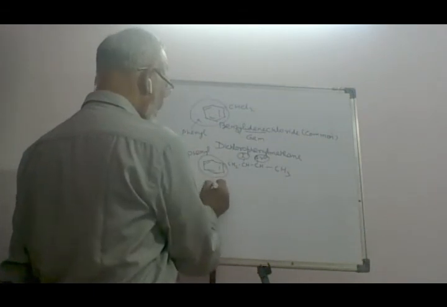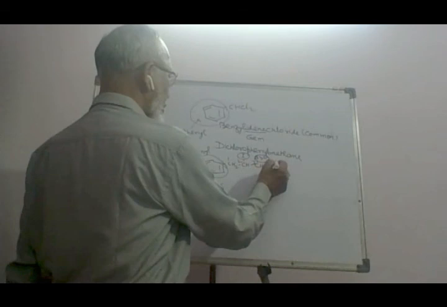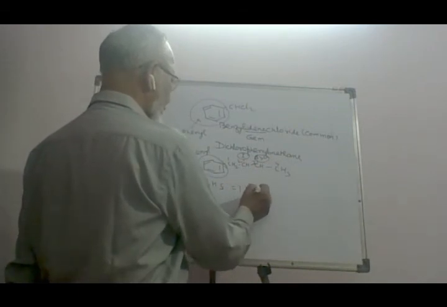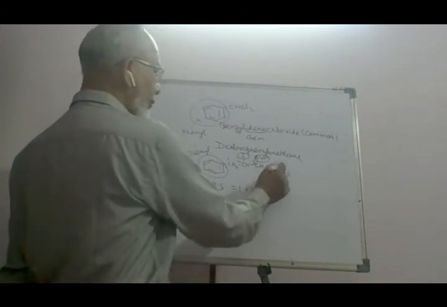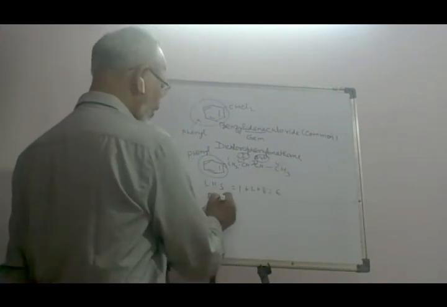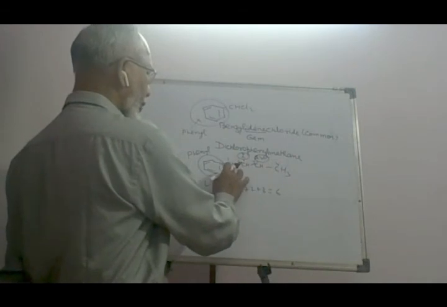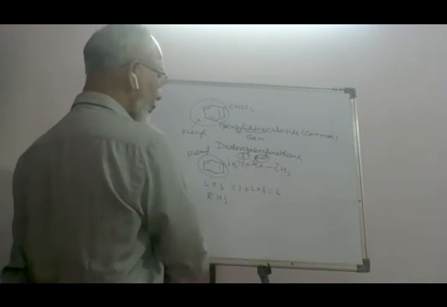If you do the numbering from the left hand side, 1, 2, 3, 4, the total sum of the numbers is 1 plus 2 plus 3, 6. And if you do it from the right side, then the sum of the numbers, 1, 2, 3, sorry, 1, 2, 3, 4.